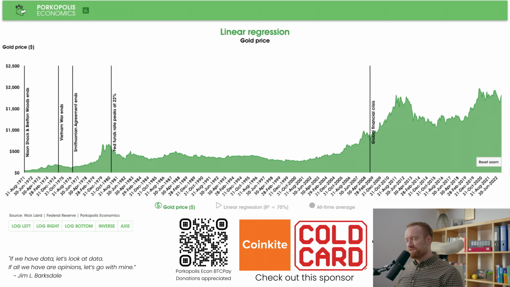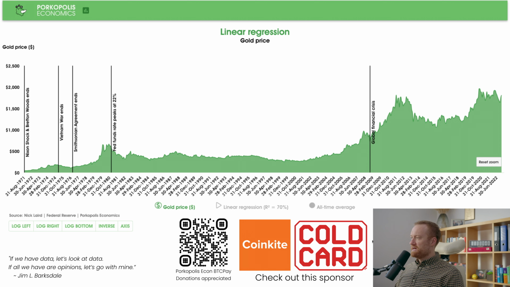The UTXOs, they're called. It's actually the unspent Bitcoin or portions of Bitcoin that someone can hold in their wallet. You can hold that for a long period of time and come back later and know that it's going to be there, and you can move it if you want. So it's a very interesting asset. It has some features that are similar to gold, some features that are not similar to gold. Anyway, we'll continue to talk about these things in future videos.